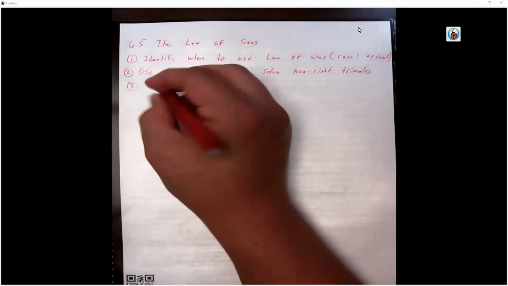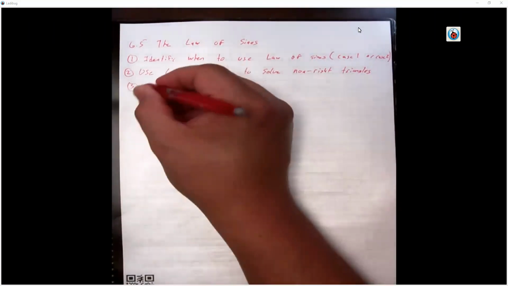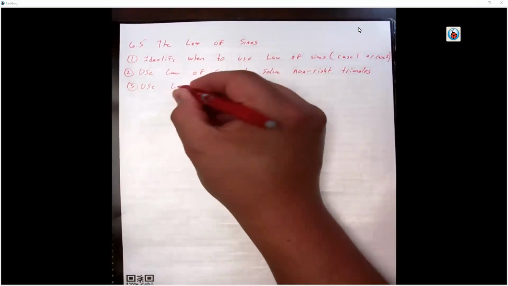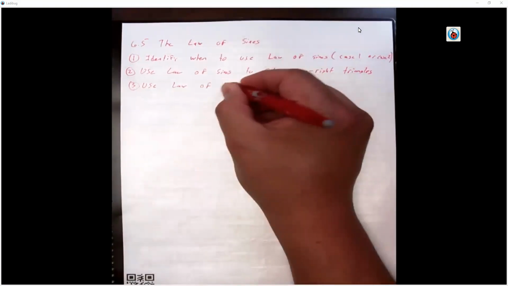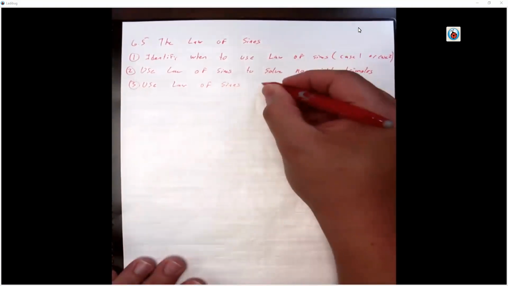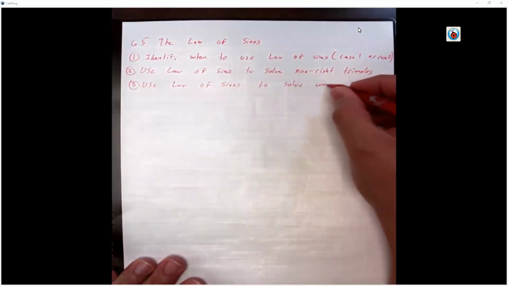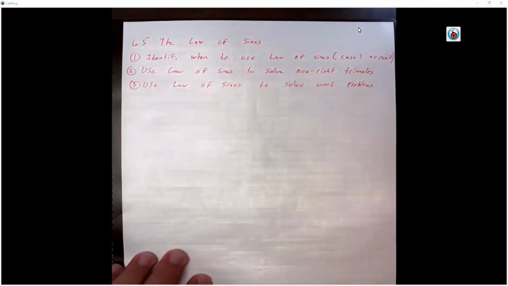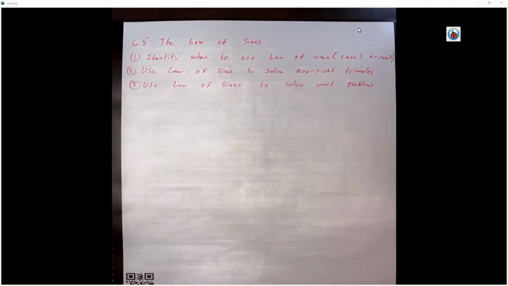Number 3. Use law of sines to solve word problems. I'm probably not going to put in a hard word problem from that section.